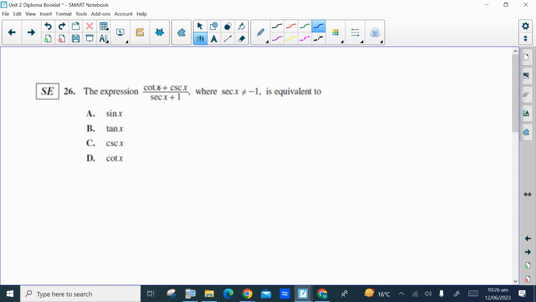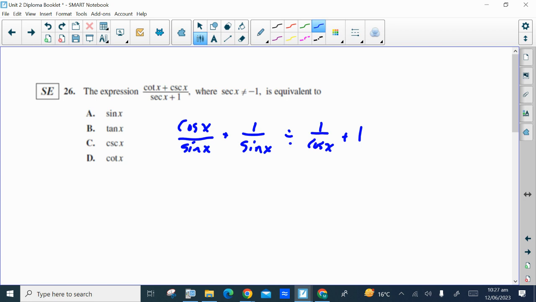The first term, cotan, which is cos x over sine x, plus cosecant, which is 1 over sine x. And that is all divided by secant x, which is 1 over cos x, plus 1. So I've got addition, division, and then addition.